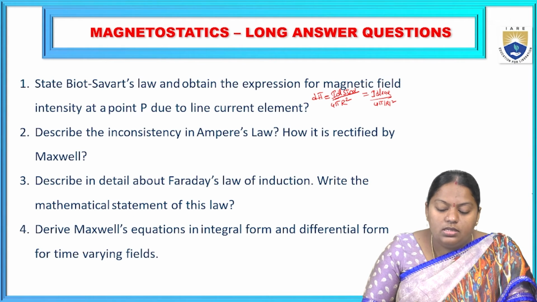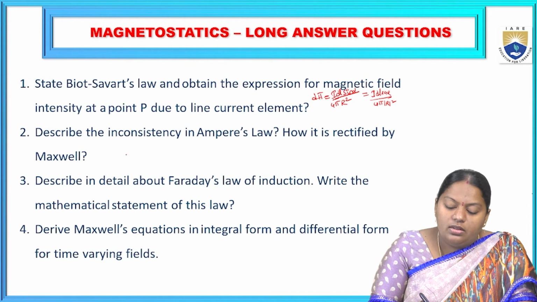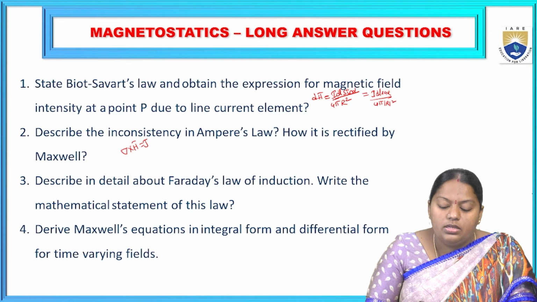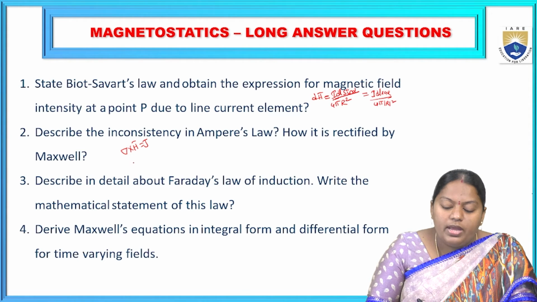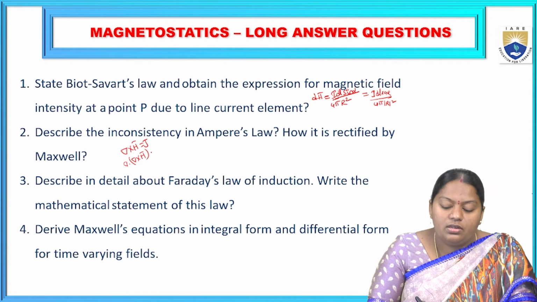Next, describe the inconsistency in Ampere's circuit law and how it is rectified by Maxwell. Just now we have seen that del cross H bar is equal to J. That is the point form or differential form of Maxwell's equation. Now, by applying divergence to both sides, del dot del cross H bar, the divergence of the curl of any vector field, is equal to 0.